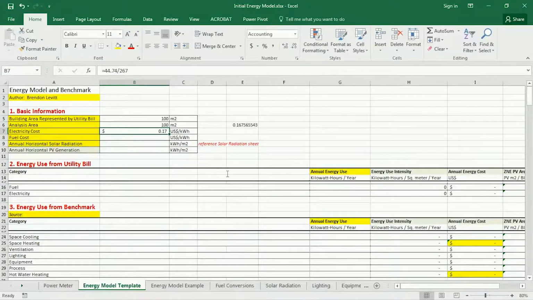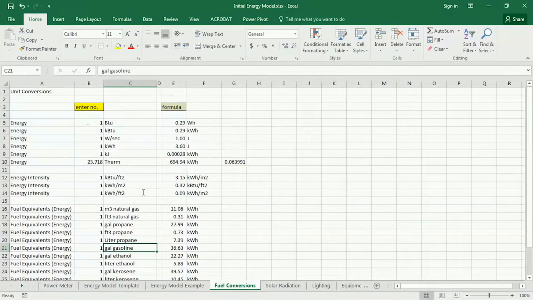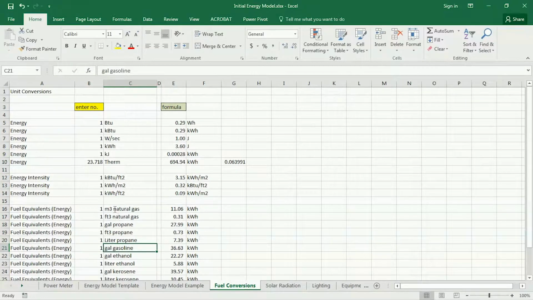And so what I've done here, going back to the Excel spreadsheet, if you go to the tab down here that says Fuel Conversions, I've listed some common fuels and some units and conversions. So 1 cubic meter of natural gas is equal to 11 kilowatt hours.